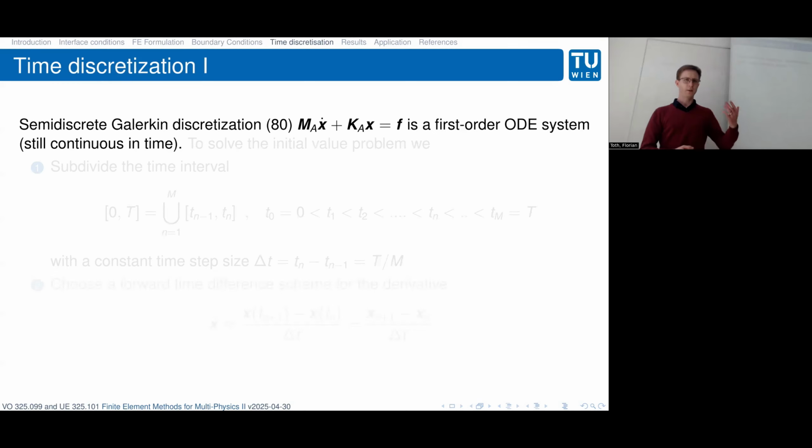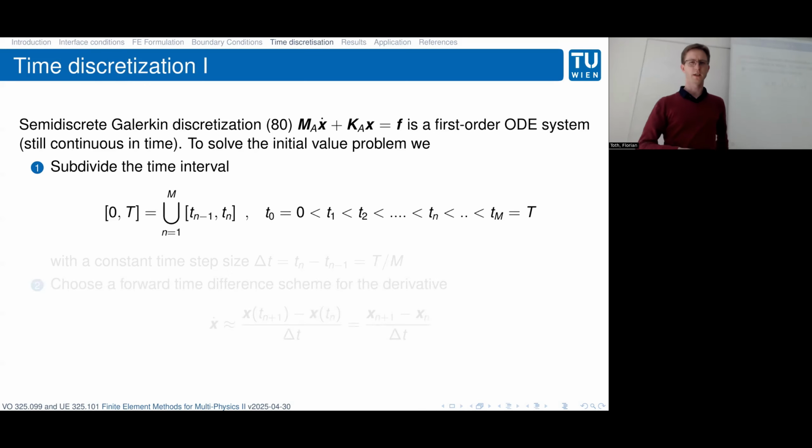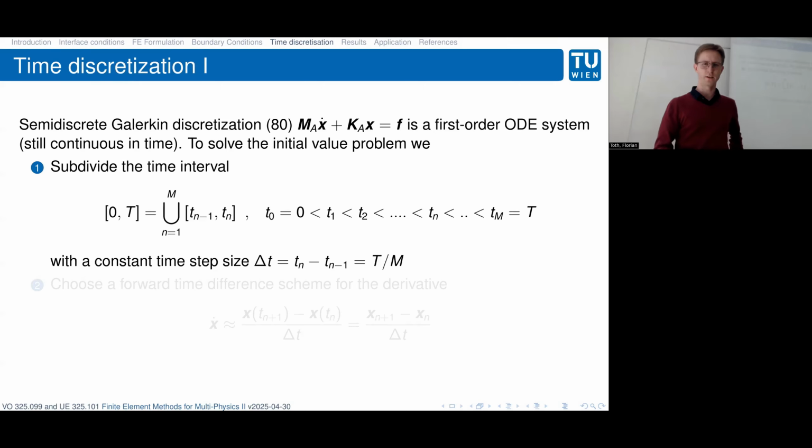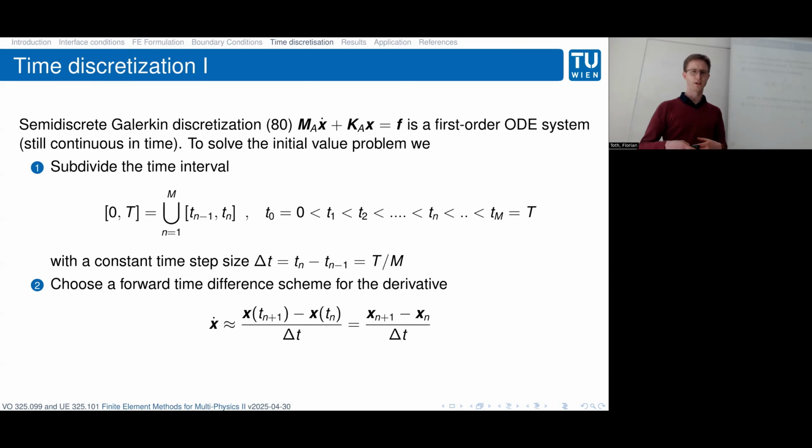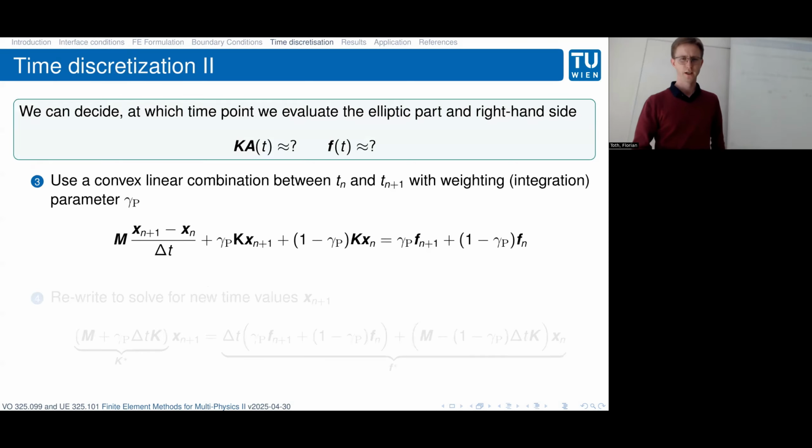Finally, a bit of notes on the time discretization. So we've seen the semi-discrete Galerkin system is of first order. So we can introduce a time stepping scheme. We subdivide our time interval into, for the sake of simplicity, equal intervals with some constant time step, delta t. We choose a forward time difference scheme for the derivative.